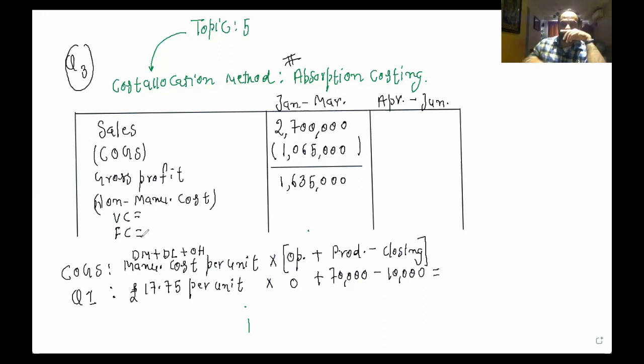No, total. So 1.5 is per unit. 1.5 is per unit, multiply by what? 70,000. Why 70,000? Let's have a look.